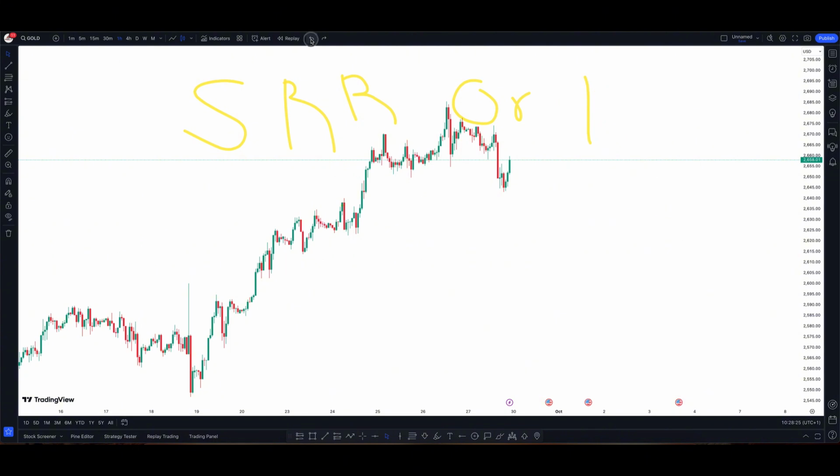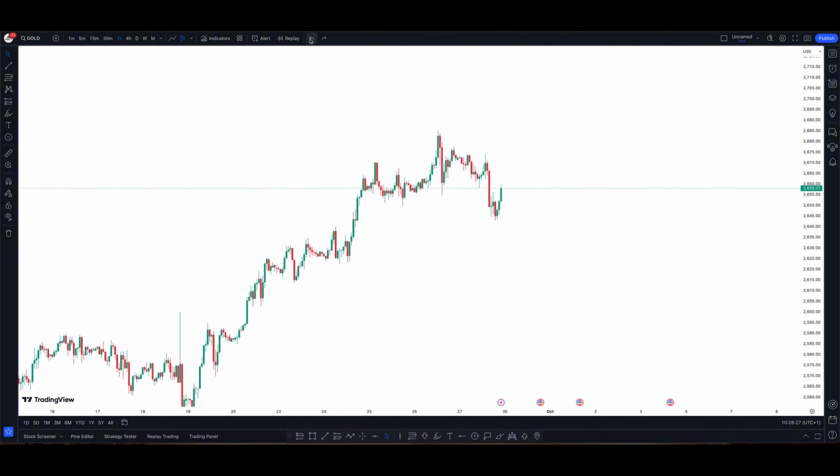Let's look into the chart. So this is the buy I took. Currently, today is Saturday. I took this buy, I think it was on Thursday. You can see the RSS here. This is the first. You can see that market took out this.